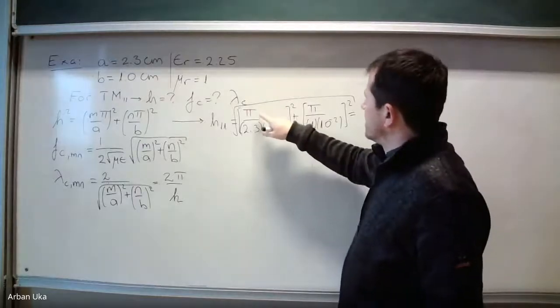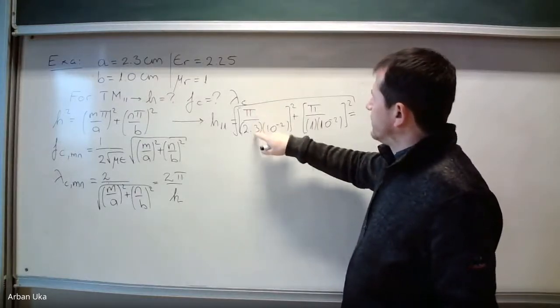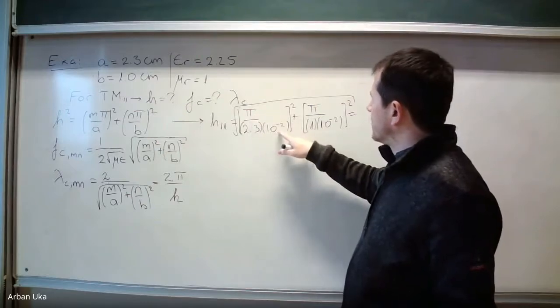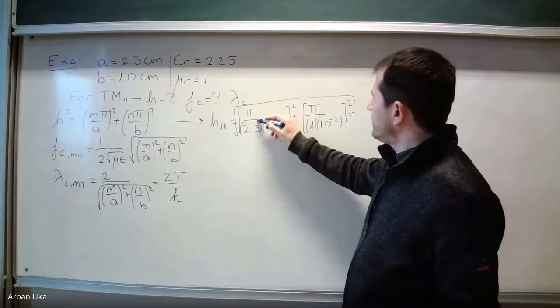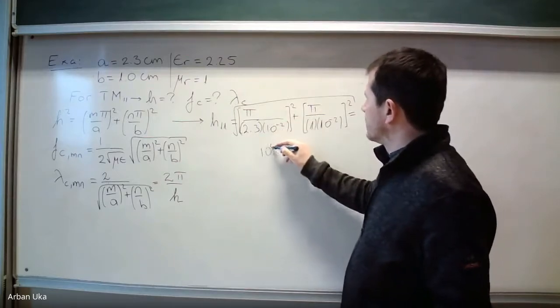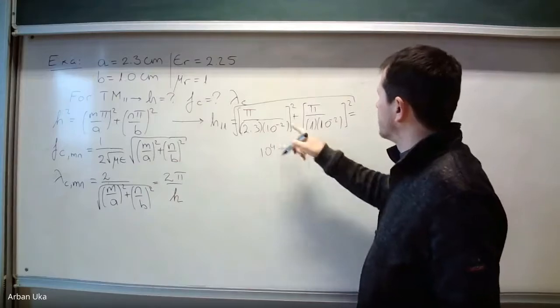What is this approximately? Let's see. This is 3 divided by 2.3, approximately 1, but larger than 1, divided by 10 to the power minus 2. This means this is 10 to the power plus 2, squared, which is 10 to the power 4, approximately the first term.